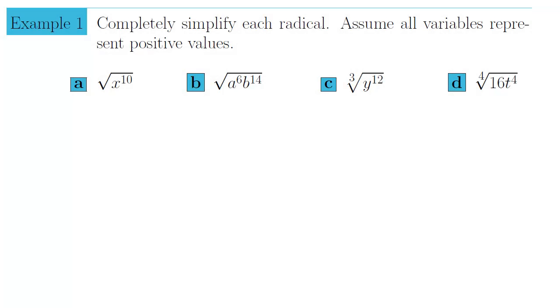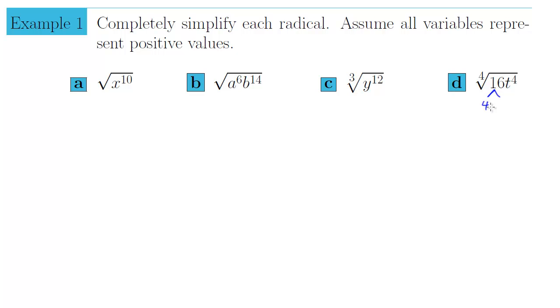For the last part of this example, we have to deal with the 4th root of 16 t to the 4th. So in this case, we have a coefficient to deal with. When you're simplifying 4th roots of regular numbers, not variables, the idea is to use a factor tree. So for the 16, I'm going to have to factor it down.